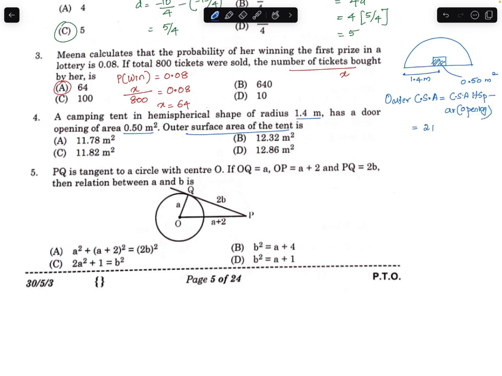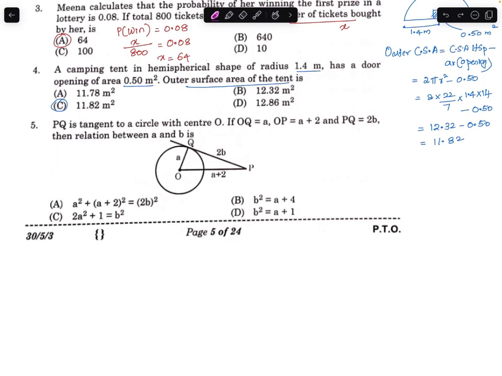CSA of hemisphere is 2 pi r square minus 0.50, 2 into 22 upon 7 into 1.4 into 1.4 minus 0.50. On simplifying, we get 12.32 minus 0.50, which is 11.82. So the answer is option C.